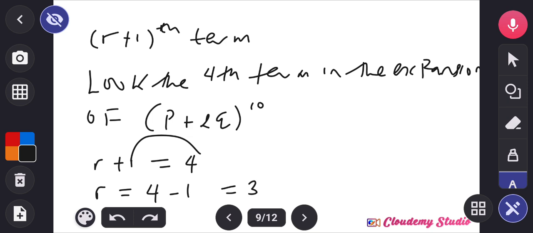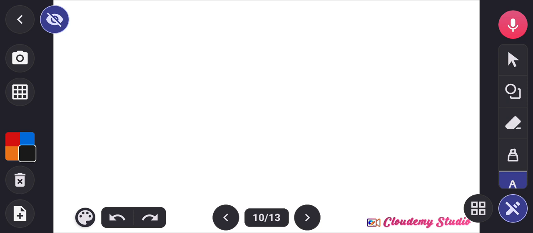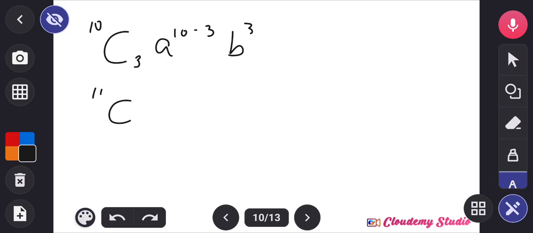Which means it's the same thing as C n r, which is 10, 3, a n minus r, that is a 10 minus 3, then b r, that is b 3. The same thing as C 10 3, a raised power 7, right? B raised power of 3.